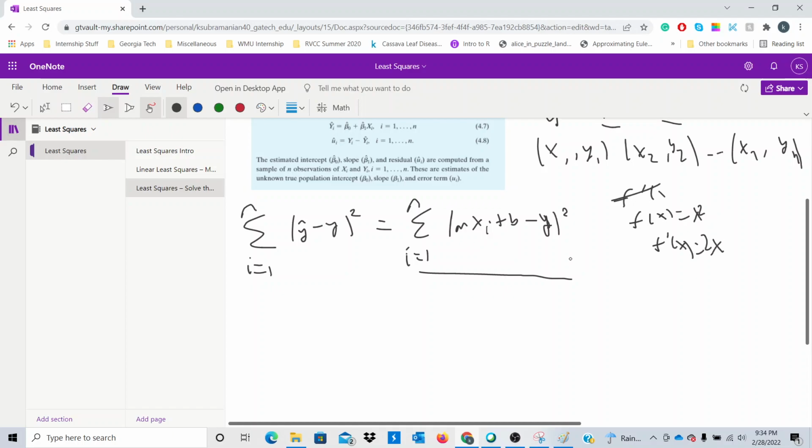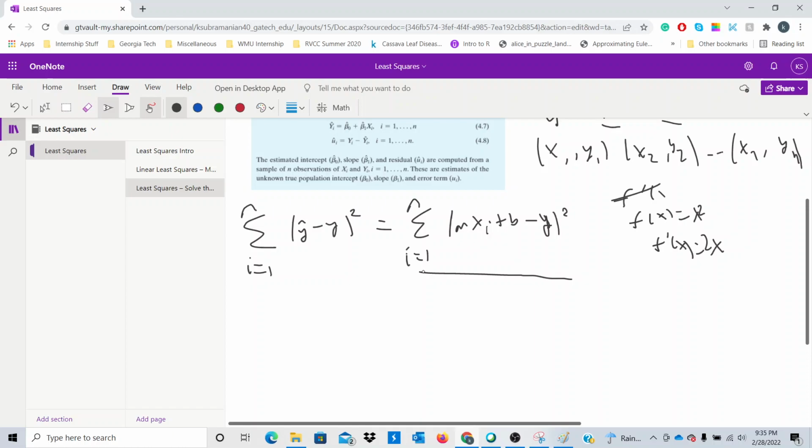If you're unfamiliar with the term partial derivative, when we take the partial derivative of a function with respect to a variable, we treat that variable as the single variable of interest and the other variables as constants. So we don't care about those. And we still proceed through our chain rule and product rule and all those rules that you learn in calculus.